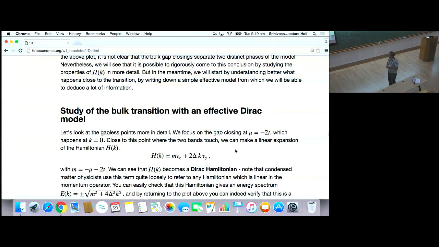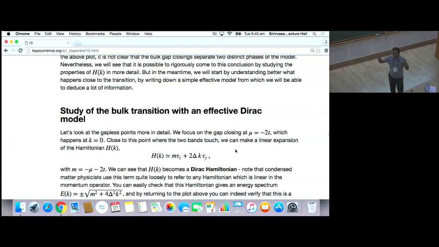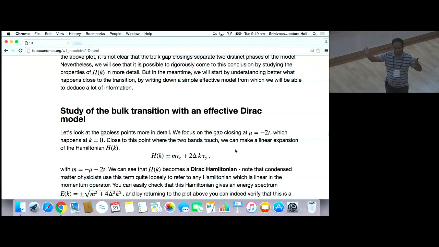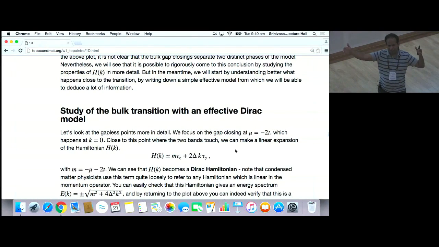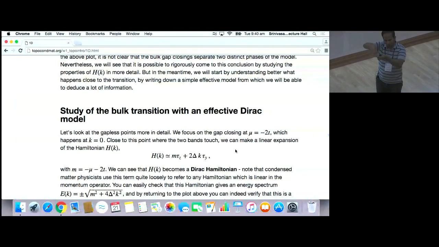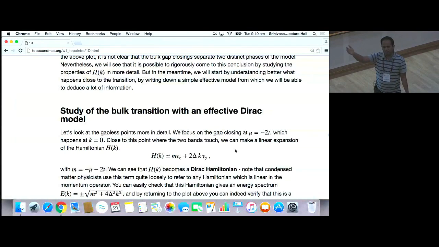If you have any bound state in an insulator, in a gapped system, the decay length of the wave function of that bound state is inversely related to the gap of the system. You might be familiar with the coherence length in a superconductor. It goes as velocity divided by the gap. So as the gap goes to zero, the coherence length, it's the same thing, the Majorana decay length, increases.